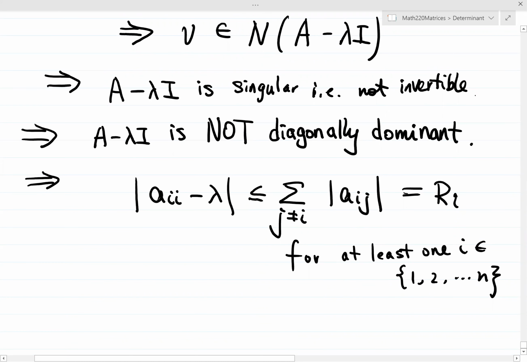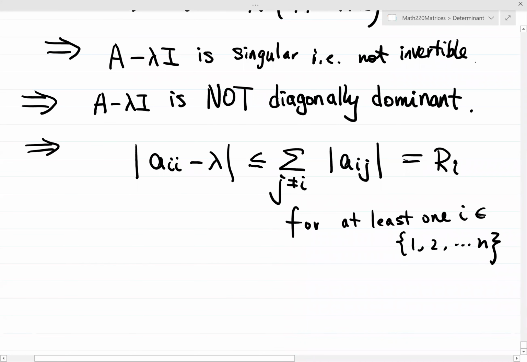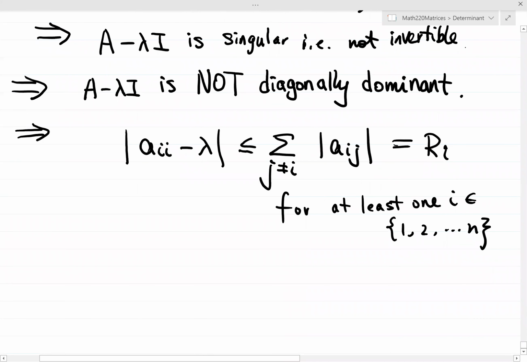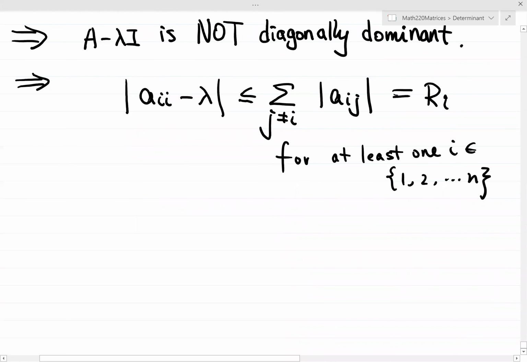So this means lambda lies in one of the circles. This equation is a circle: if you write lambda as a complex number, this defines a circle around a_ii.